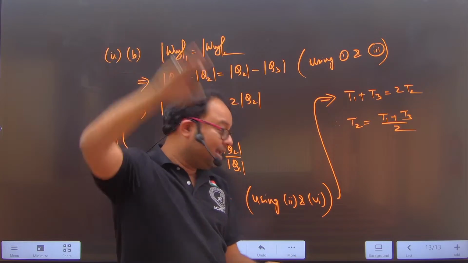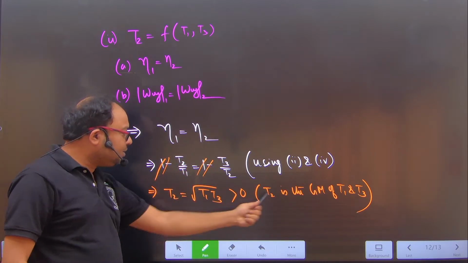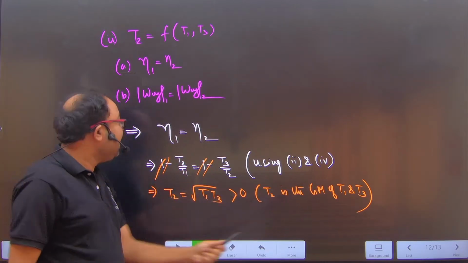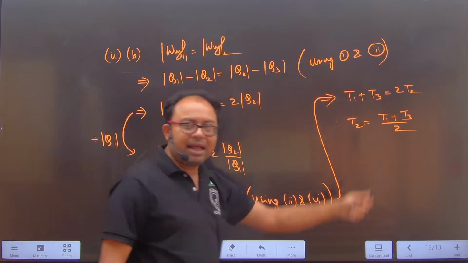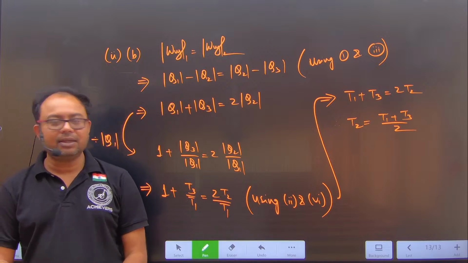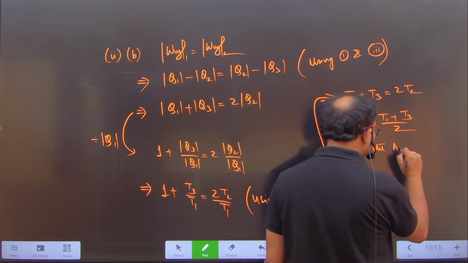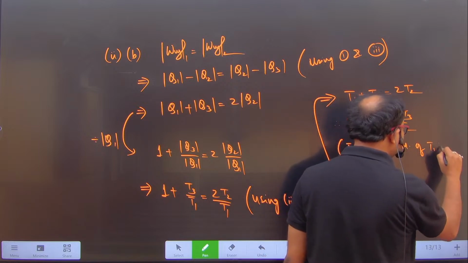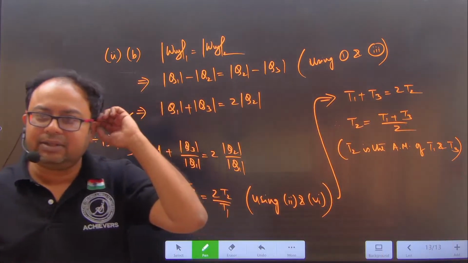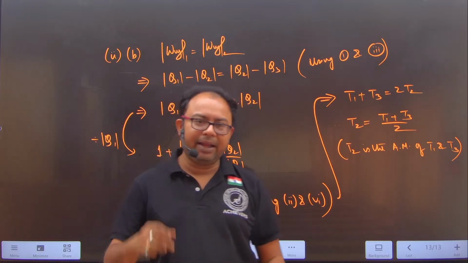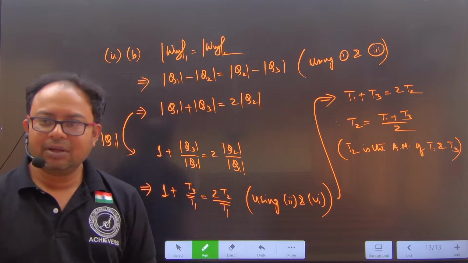So if eta 1 is equal to eta 2, then T2 is the geometric mean of T1 and T3, and if mod W cyclic 1 is equal to mod W cyclic 2, then T2 is the arithmetic mean of T1 and T3. Understood?